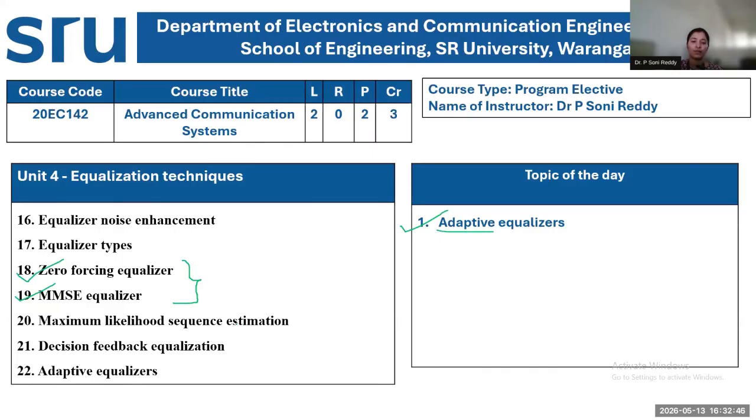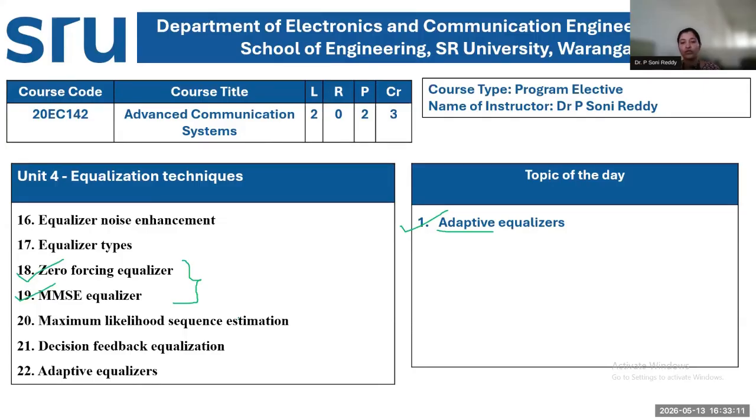Not adaptive means the channel characteristics are always changing with respect to time, with respect to motion of the transmitter and receiver, delay, frequency, phase and amplitude. There are so many factors affecting the channel characteristics.